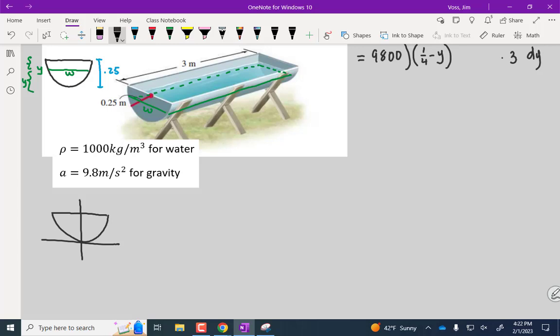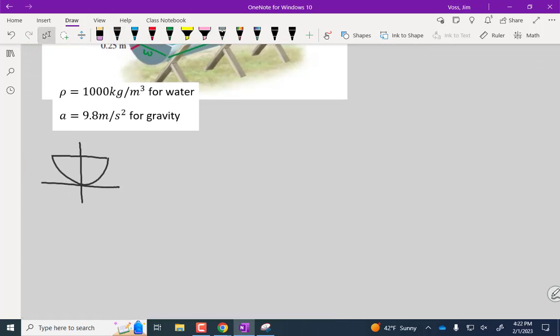I would prefer to integrate from 0 to 1/4, not from -1/4 to 0. If you put the origin at the center, then you're going to be integrating from -1/4 to 0, which I prefer not to do. You could do it that way, totally fine. I'd rather integrate from 0 to 1/4. Again, it does not matter.